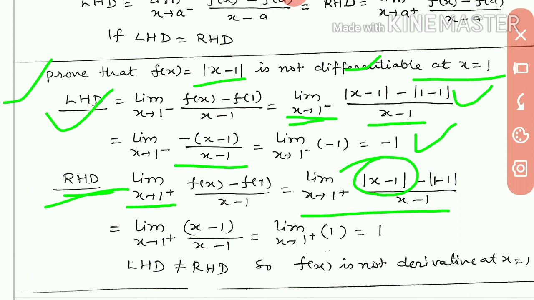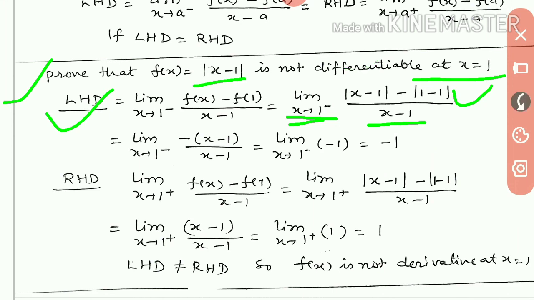This means the modulus value will be positive, so you do not need to multiply by negative. You will get x minus 1 upon x minus 1, so this is 1. So here the right hand derivative is 1. So the right hand derivative and left hand derivative are not equal. We can say that the function is not differentiable at x equal to 1.